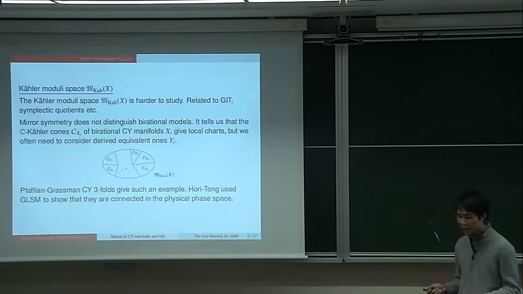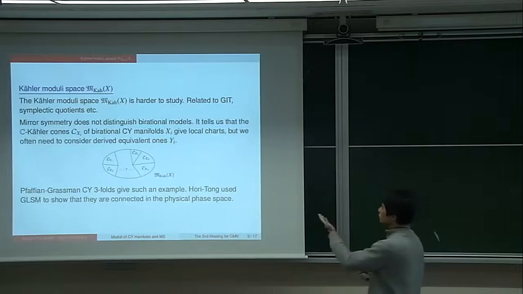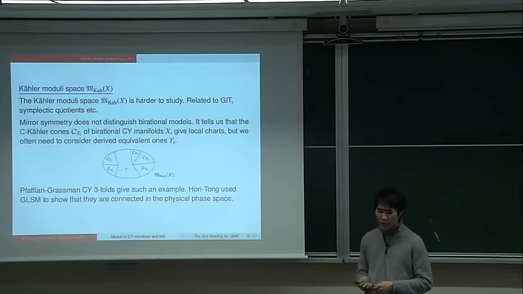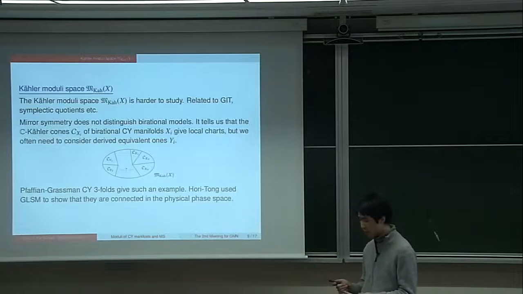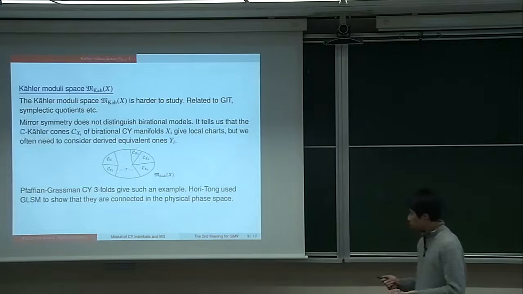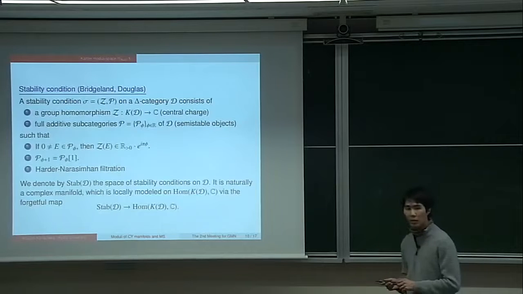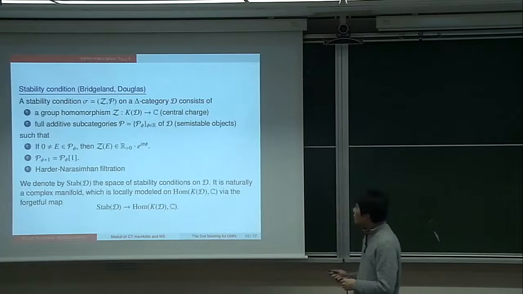But mathematically, we don't know how we can glue these local charts. So that's a sort of motivation. So this indicates that we need to consider a category to really define the moduli of a Kähler structure. So let me introduce the space of stability conditions. This seems a little bit scary, but it's not that much.